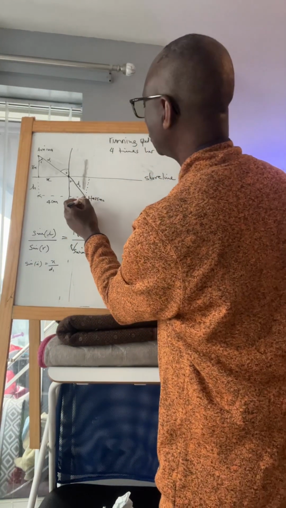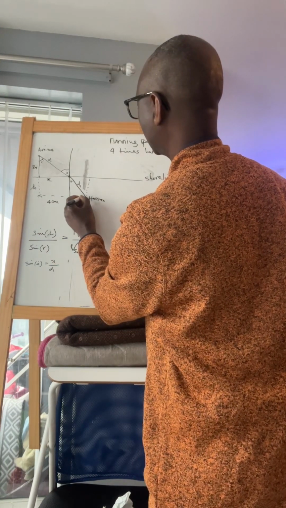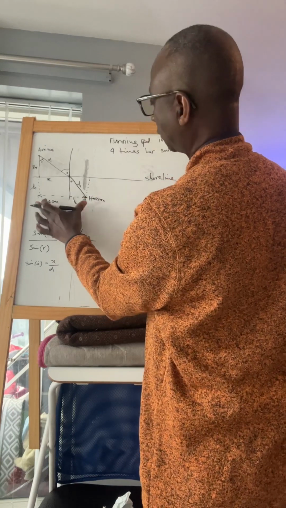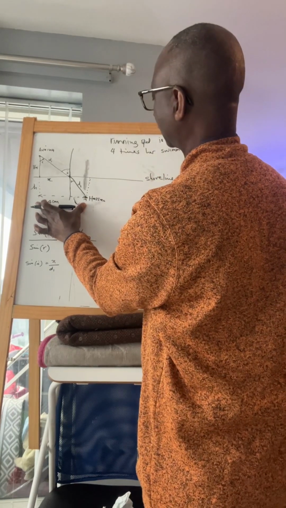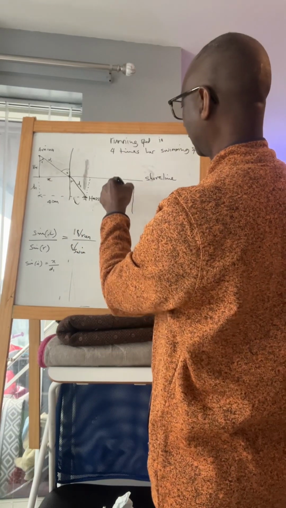We are given that from here to here, where Hassan is standing, is 40 meters. This whole length is 40 meters. But we want to consider this little triangle here.